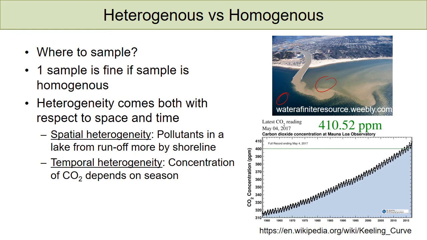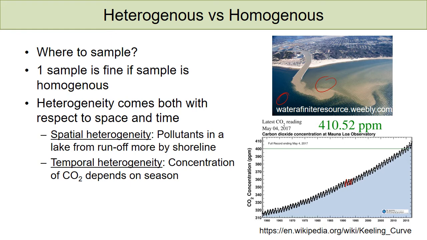The other type of issue with heterogeneity is that things might change with time. That's called temporal heterogeneity. A classic example of this is the concentration of carbon dioxide. On the curve on the right hand here, you'll see that there's kind of this zigzag going up and down. The CO2 concentration is going to fall when we have the respiration of plants.